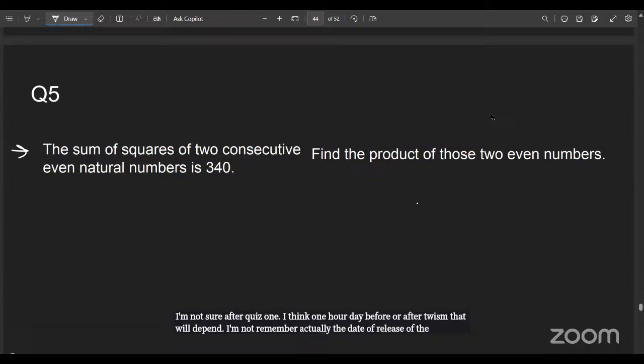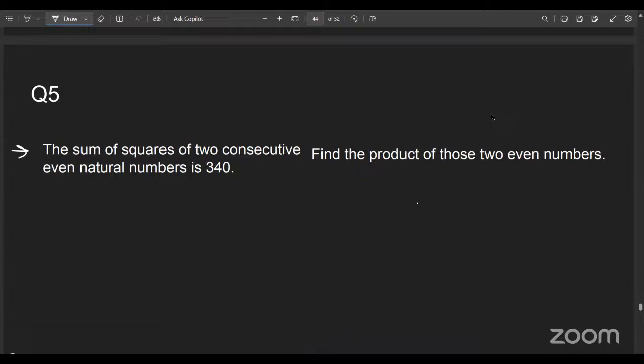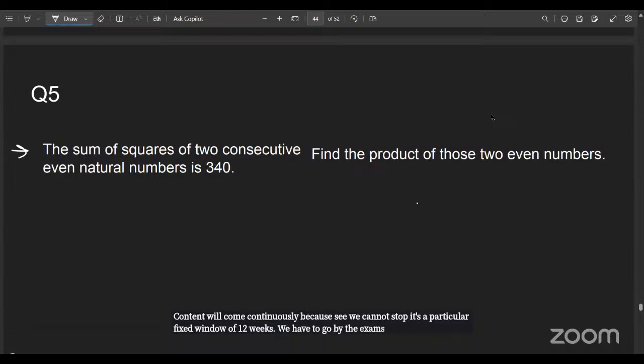I'll tell you in the next session. Content will come continuously, because we cannot stop. It's a fixed window of 12 weeks. We have to go by the exams and the assignments also, and we also want to cover everything.